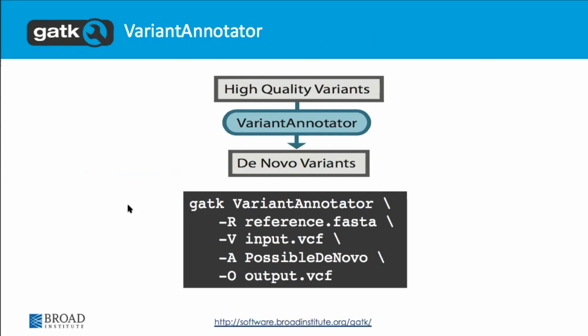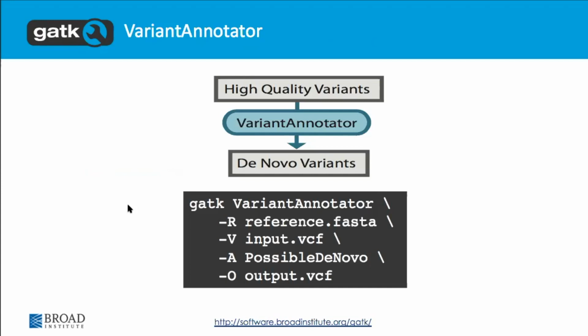We can also annotate, based on all the information we've collected, which variants are possible de novos. And that gets back to the Mendelian inheritance question of saying, depending on the configuration of genotypes that we get after this refinement, which ones are still in a state of Mendelian violation, where this is not biologically possible unless you have a new mutation that has arisen in the child.